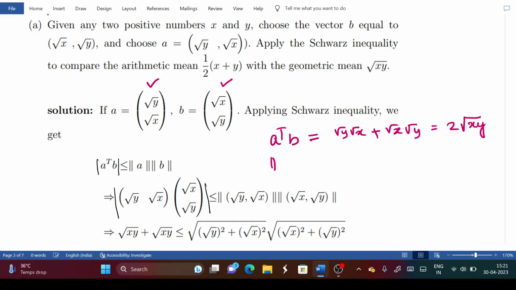Length of a is root of root y whole square plus root x whole square.